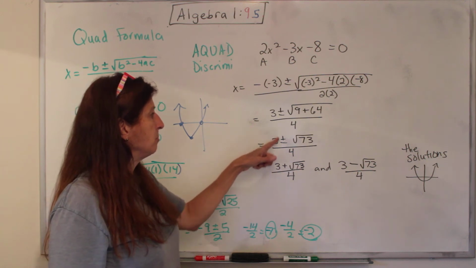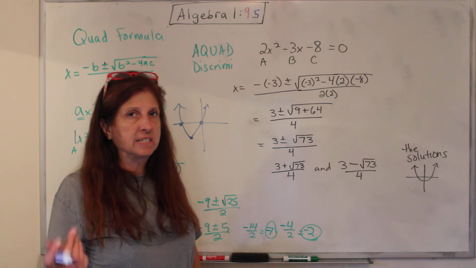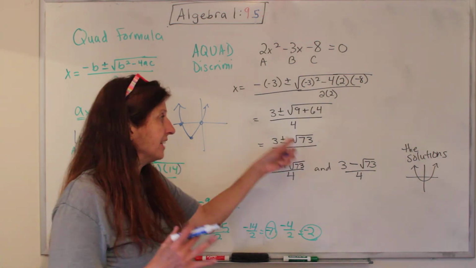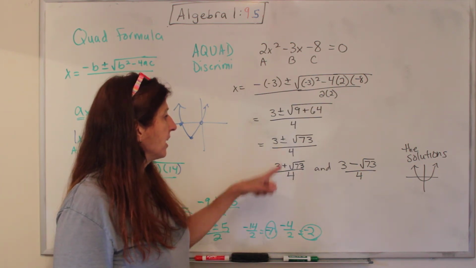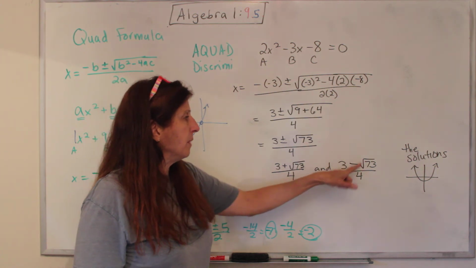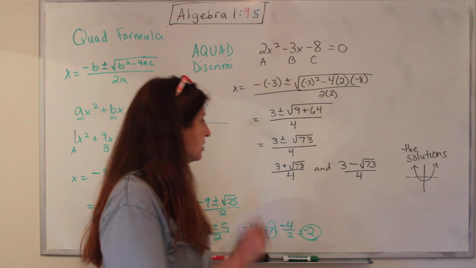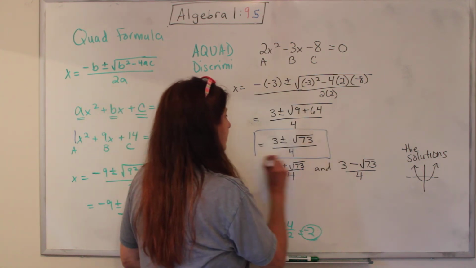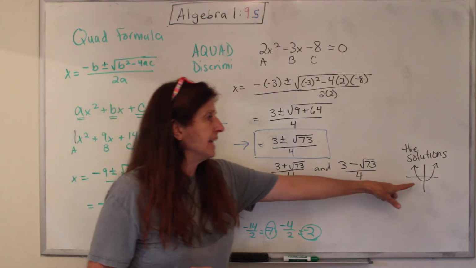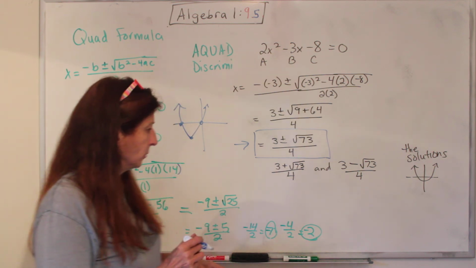You end up with 3 plus or minus the square root of 73 over 4. The square root of 73 is an irrational number. So that's it. You put it in your calculator, 3 plus the square root of 73 over 4, and 3 minus the square root of 73 over 4, and you can estimate the solutions. But really, this is considered the answer. That's the proper answer, not the estimate that putting these two things in your calculator would give you.